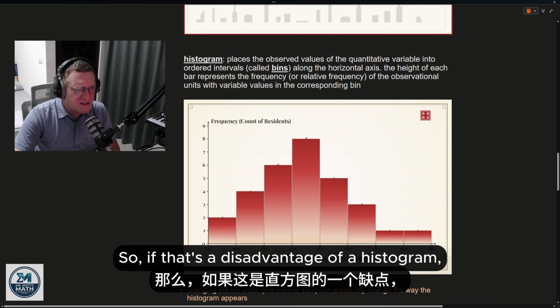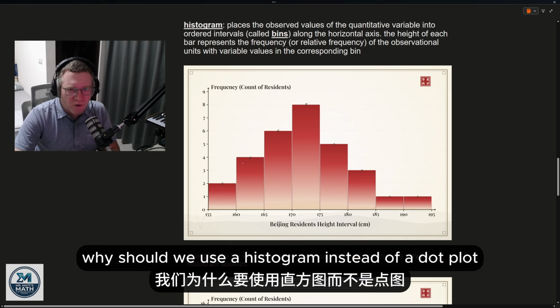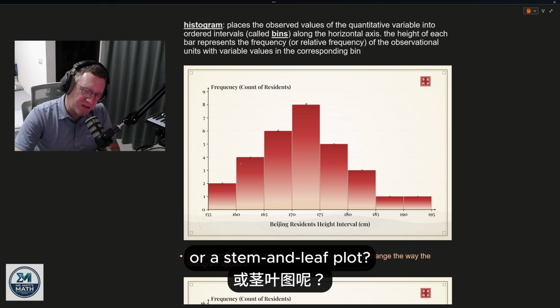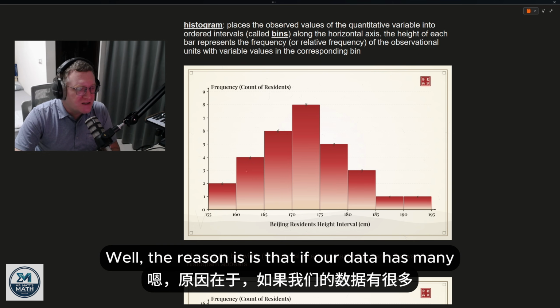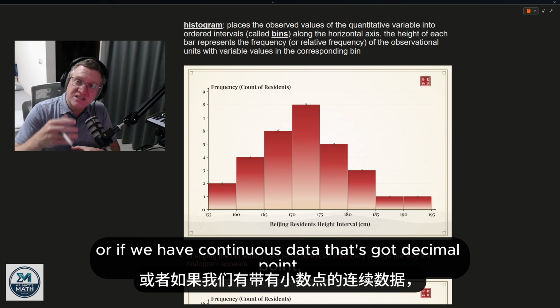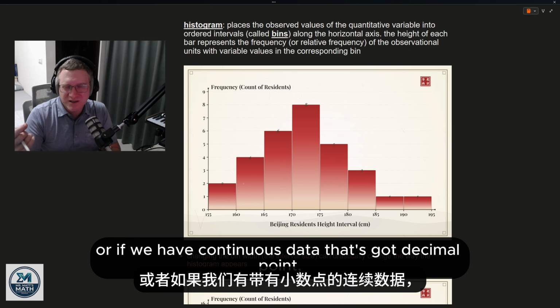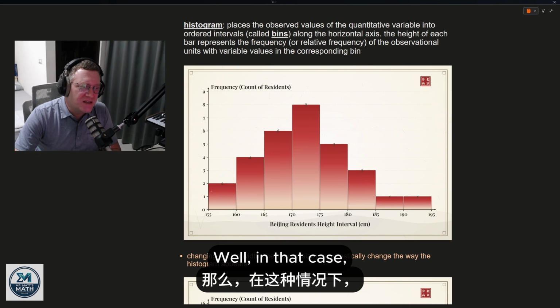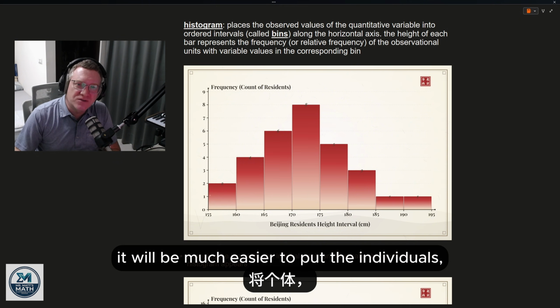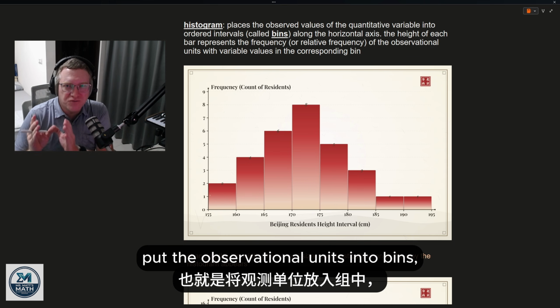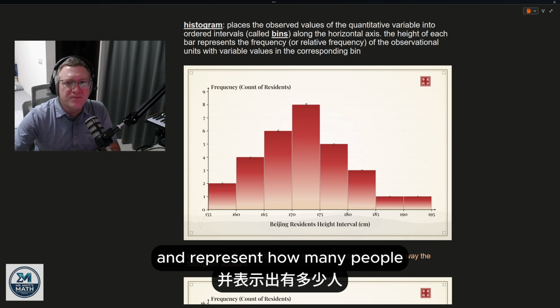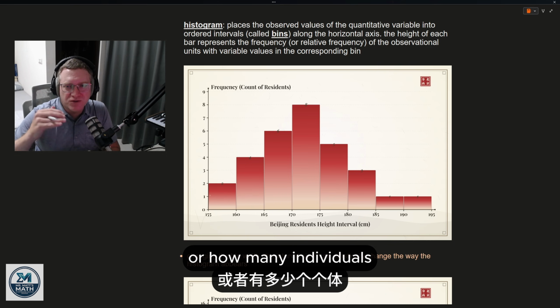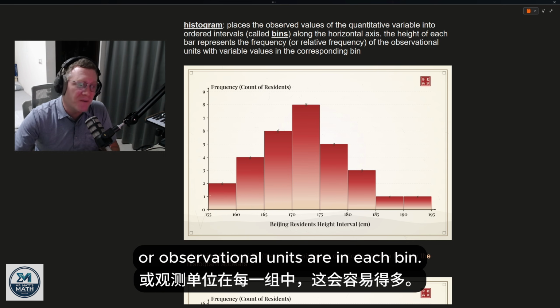So if that's a disadvantage of a histogram, why should we use a histogram instead of a dot plot or a stem and leaf plot? Well, the reason is that if our data has many, many values, or if we have continuous data that's got decimal points and things like that, well, in that case, it will be much easier to put the observational units into bins and represent how many people or how many individuals or observational units are in each bin.